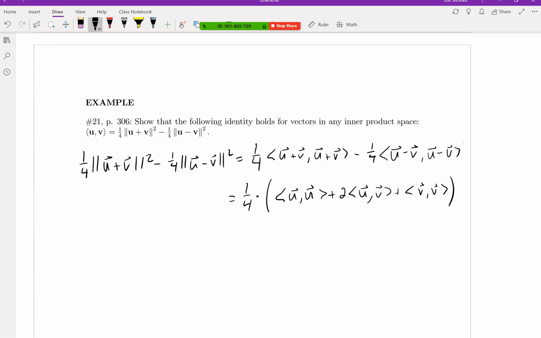We just saw this computation in the previous example. We're going to get the exact same thing in the second one, except that it's going to be a minus in the middle, just like what you would see if you were going to FOIL that out for binomials.